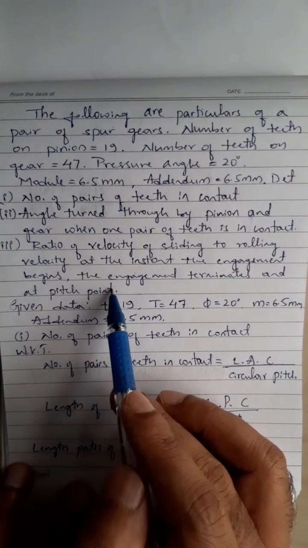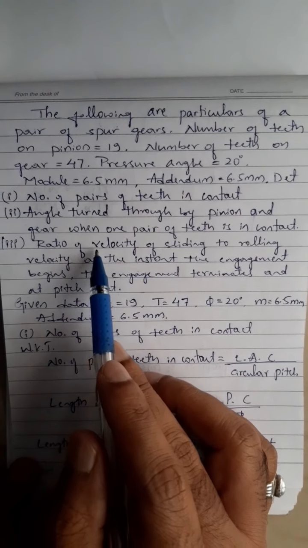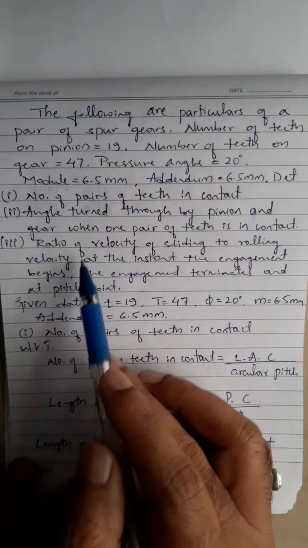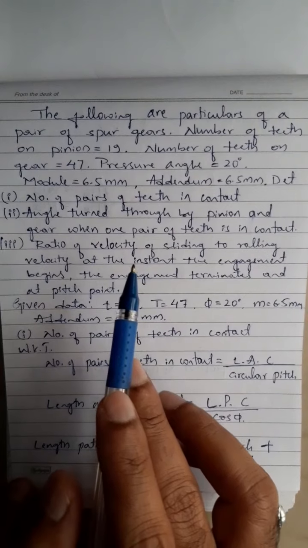At these three instances we have to find the ratio of velocity of sliding to rolling velocity. So this is the given problem we have.